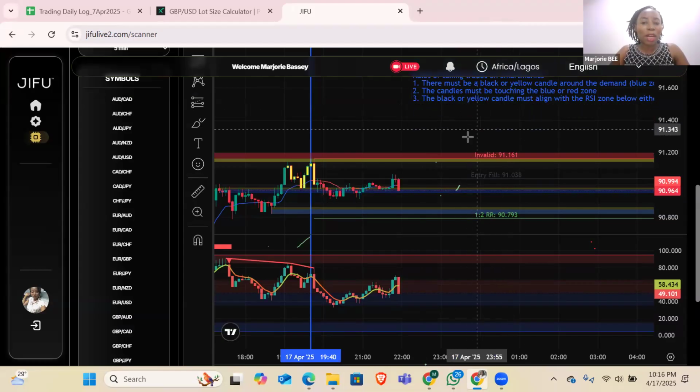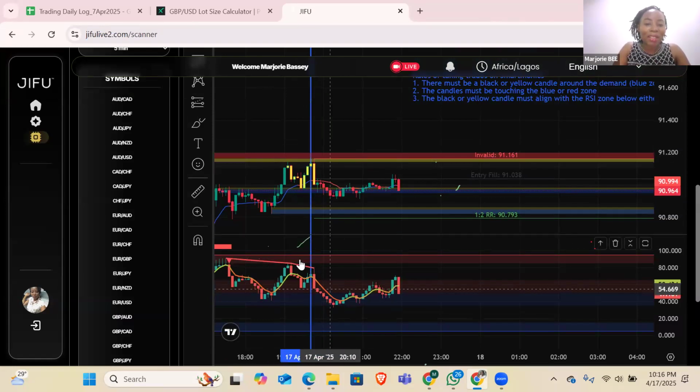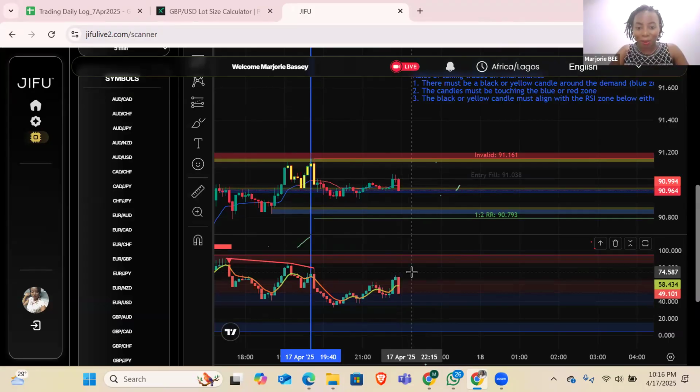The black or yellow candle is like a confirmation that this bias is correct. This black or yellow candle above must align with the RSI. This area that I'm hovering my cursor around is the RSI area. Just know it as the RSI area.